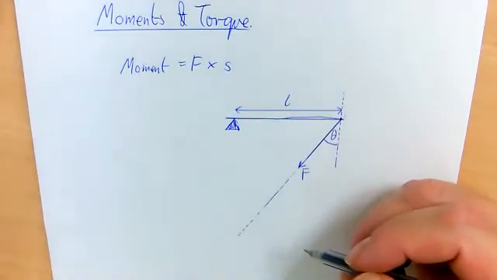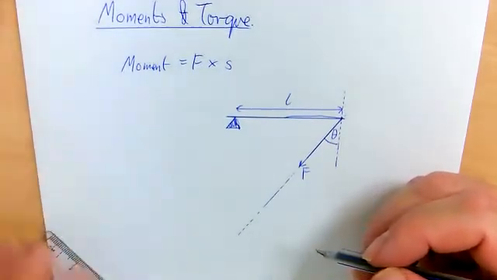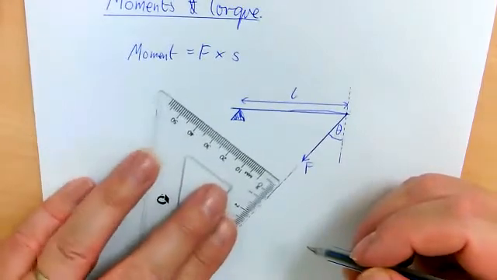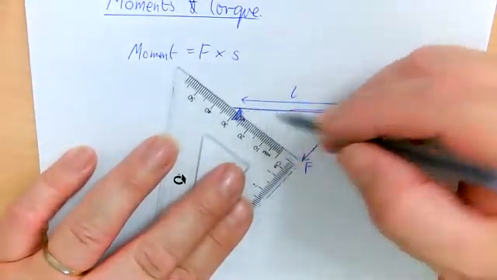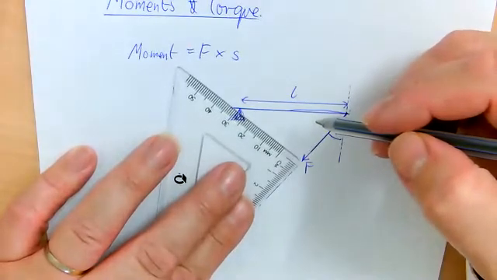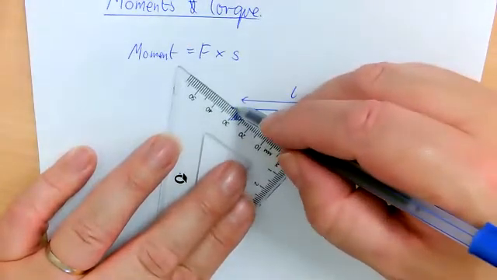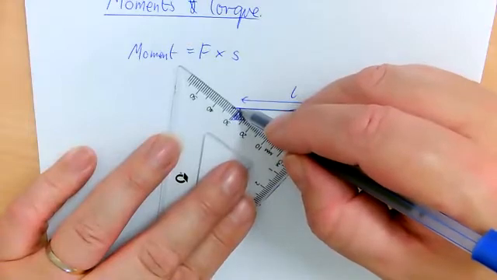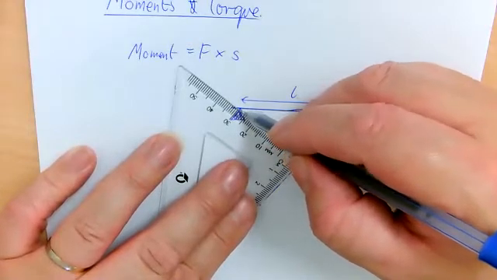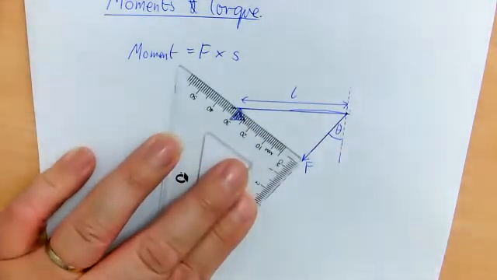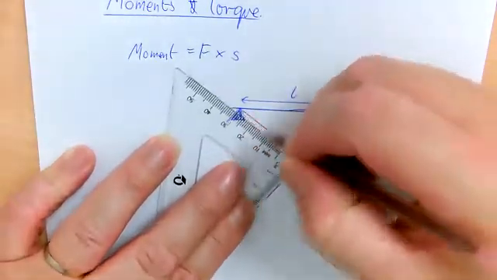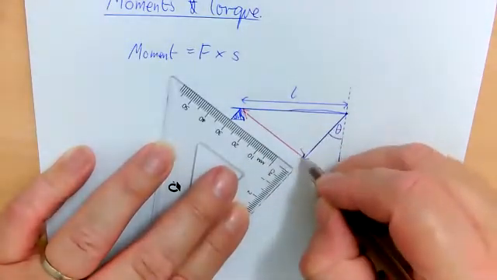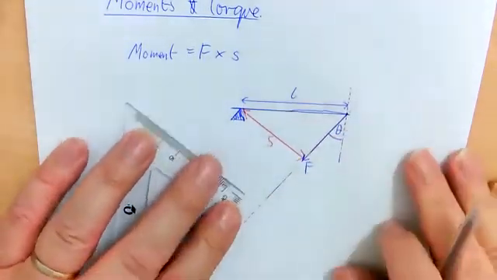So perpendicular means right angles. So here we go. I've got a right angle here. So if I draw my line from the pivot to my line of action of the force there, I'm going to use a different color to make it easier to see. This isn't a force, this is a distance. That is the perpendicular distance.